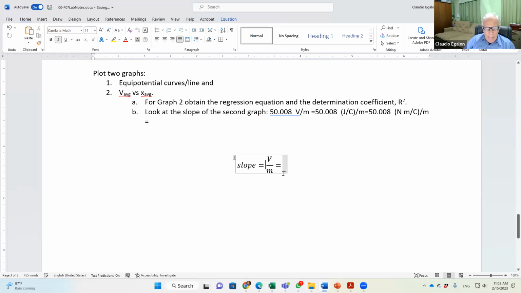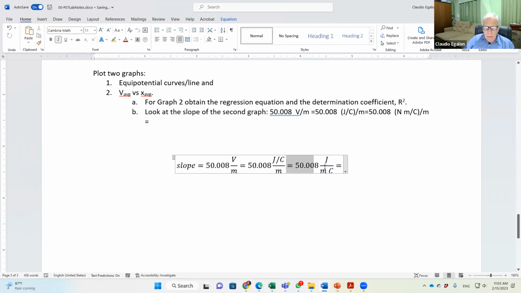And by the way, volt is joules per coulomb, which can be written as joules divided by meter coulomb.